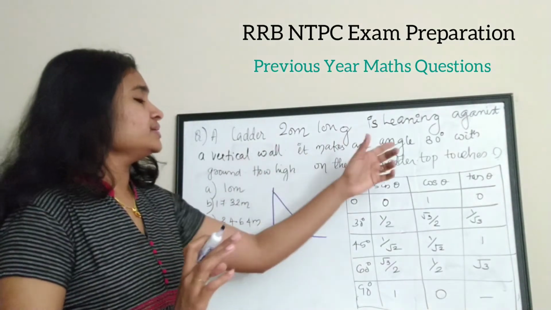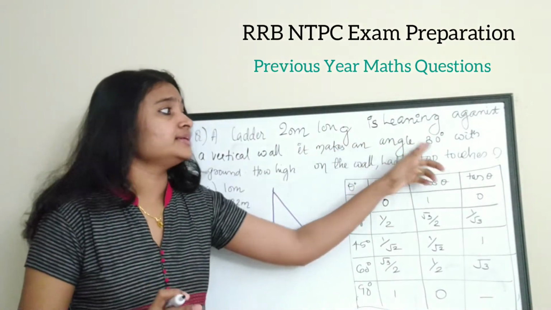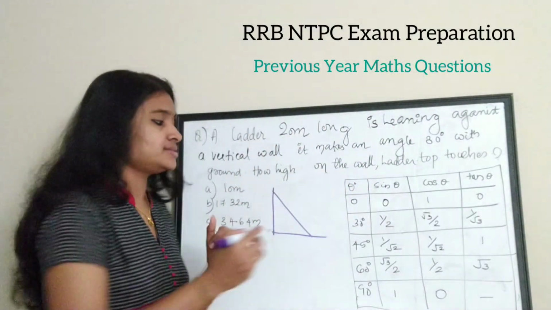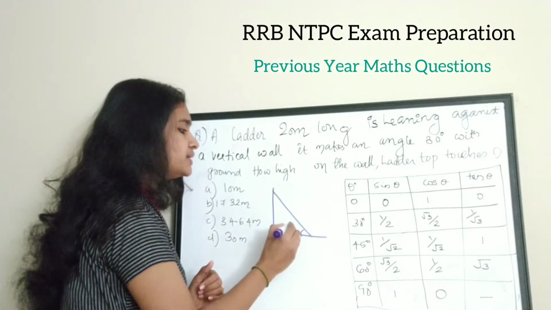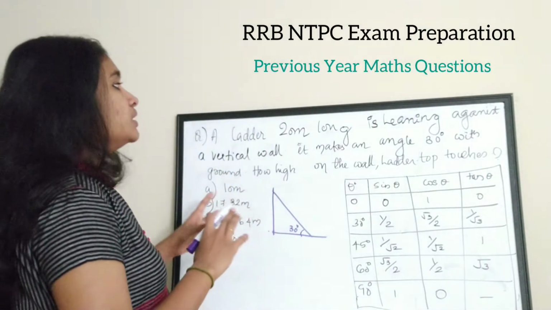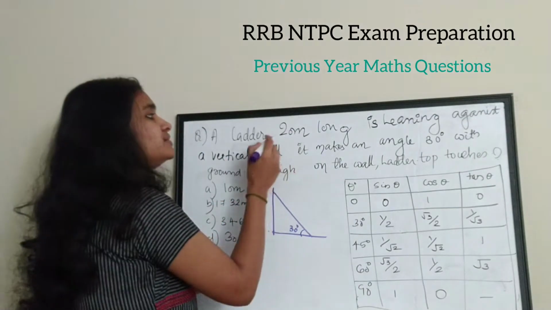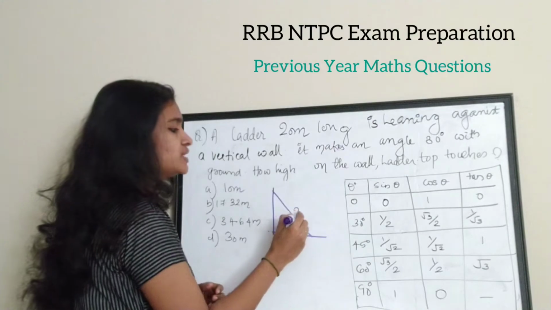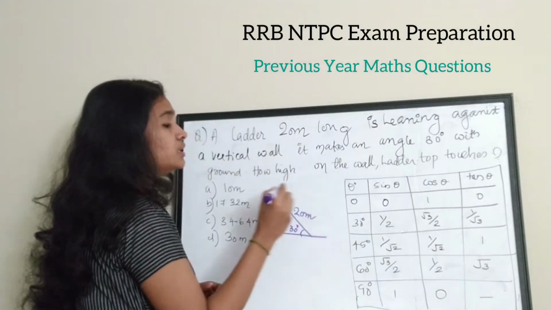Now another thing is given, it makes an angle 30 degree with the ground. Now we know that the ladder is 20 meters long.